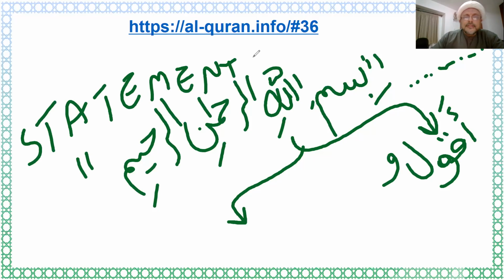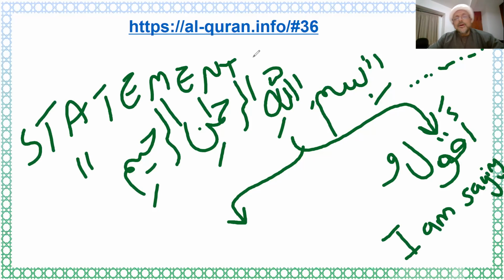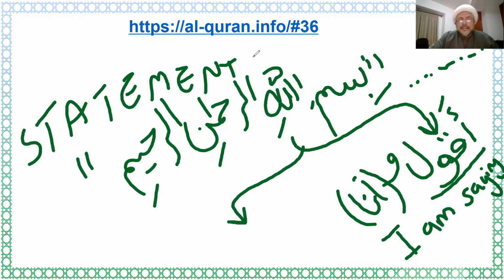What does that mean? I am saying. I am saying Bismillahir Rahmanir Rahim. Problem solved. So now we have a verb and a subject. Where is the verb? This is the verb, I am saying. Where is I? I don't see I. I is implicit. Aqulu ana.